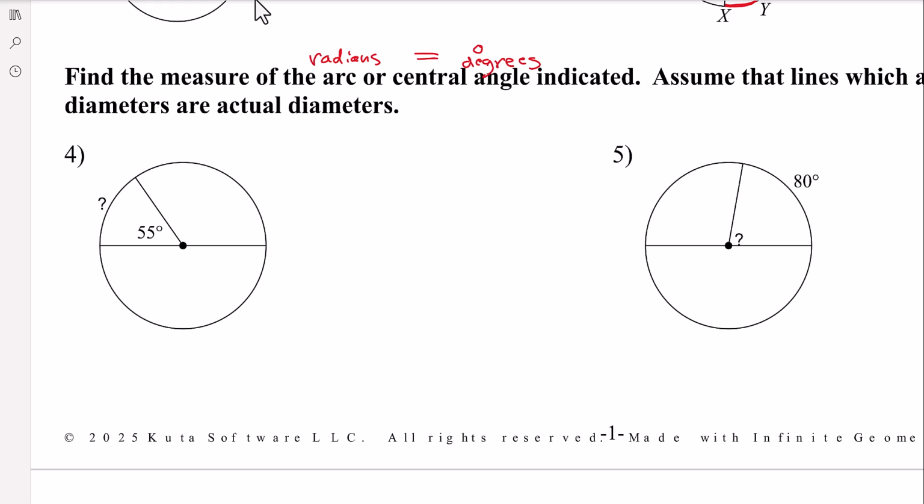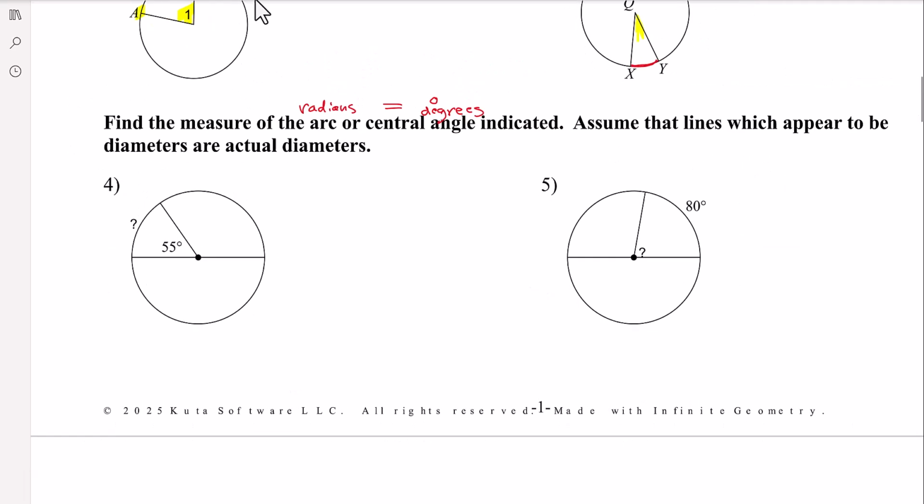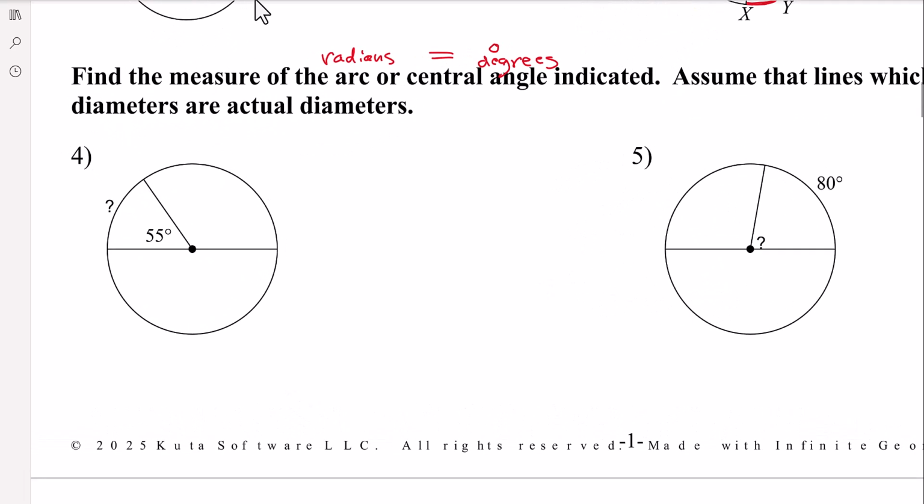Assume that the lines, which appear to be diameters, so this right here is the diameter, this right here is the diameter. The reason that's important, if that's the diameter, then we know this is a central angle, because from the diameter, this would be a radius and this would be a radius, and then it extends to right there.